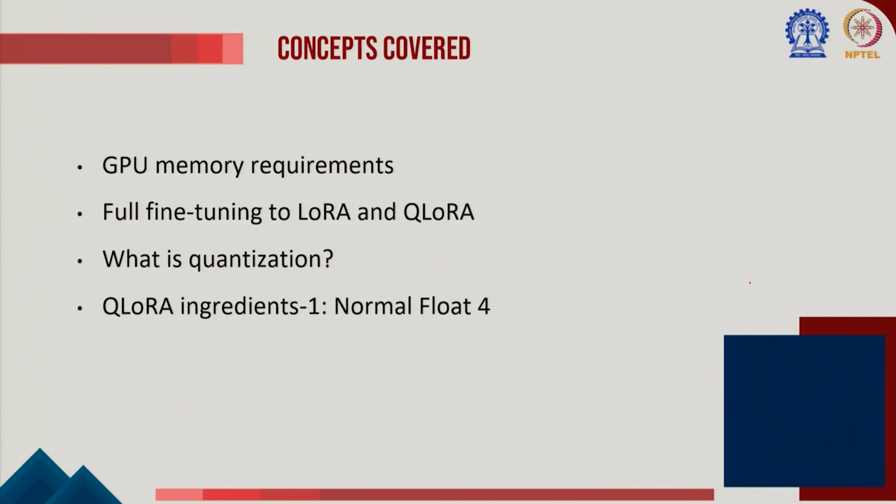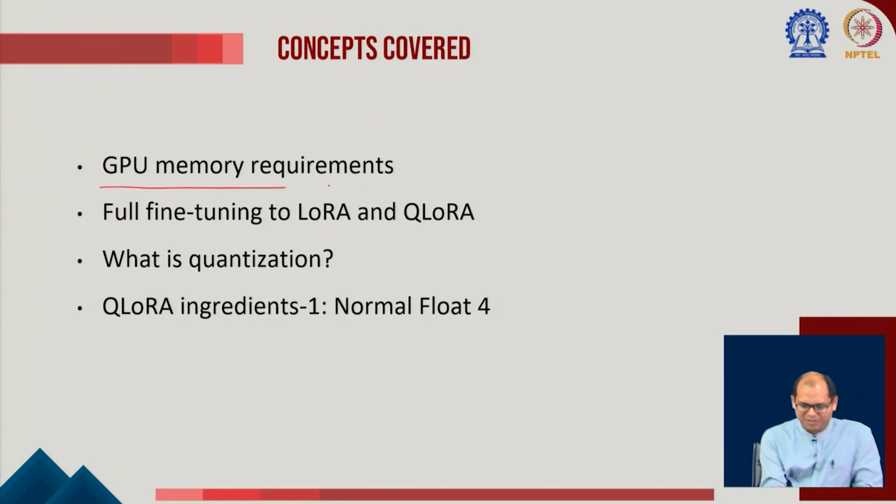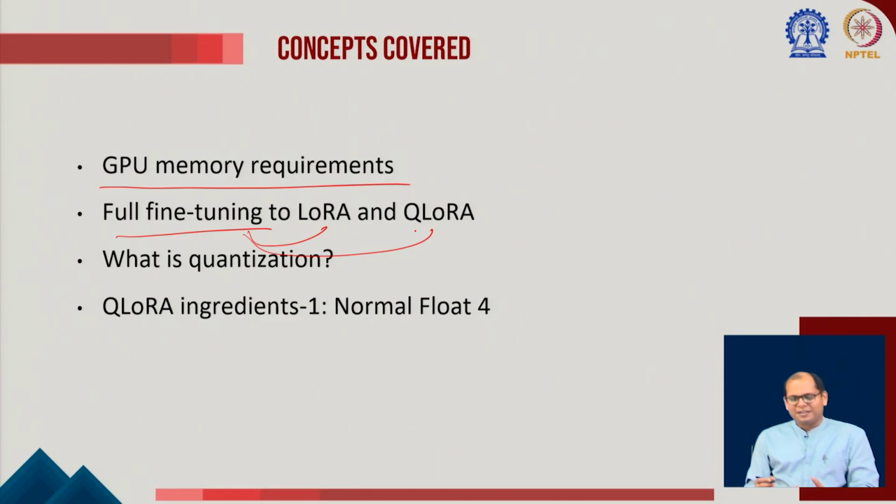To give motivation for why we need to go beyond LoRA, we will briefly talk about the memory requirements for GPU, and then we will see, when we go from full fine tuning to LoRA and QLoRA, how much the memory changes. That is the requirement for these methods, because not everyone has GPUs that can fit and fine tune large models.